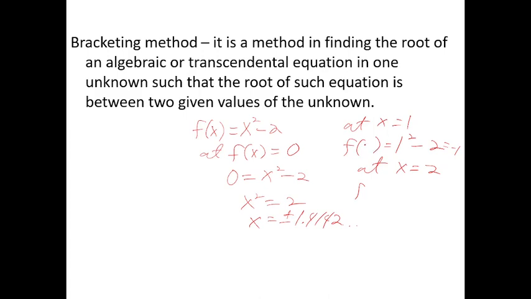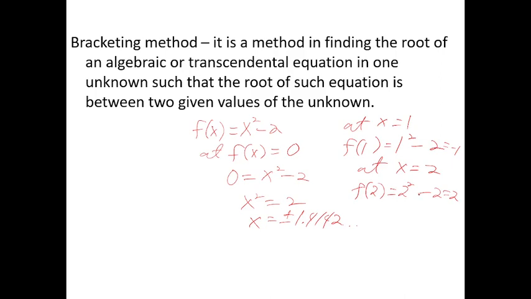So, dito 1 siya, yung x. Dito, f of 2. So, I have 2 squared minus 2. Tama? F of 2. So, what's the answer? It's 2. So, as you notice, f of 1, f of 2, the function value here is negative 1.